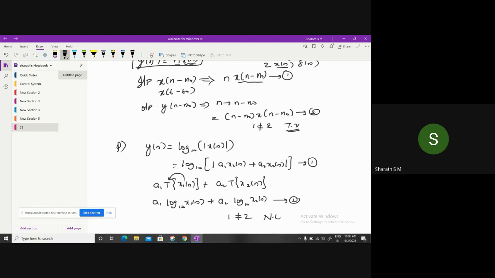What about time invariance property? Time invariance.